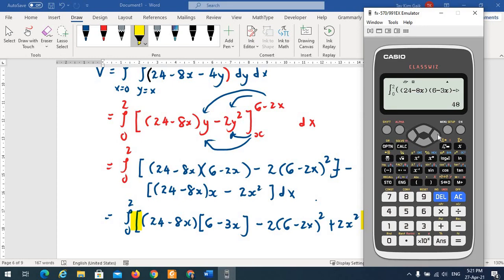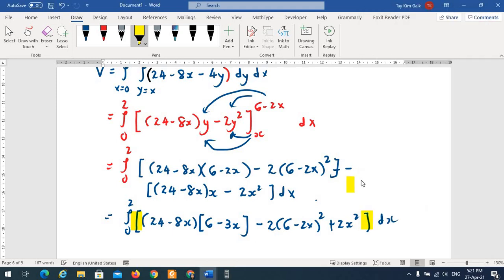I put a bracket, and then 24 minus 8x bracket times bracket 6 minus 3x minus 2 bracket 6 minus 2x squared, okay, plus 2x squared bracket. I key in exactly. Make sure all your brackets are there, open, close. Because I'm not sure, you can try it without the yellow bracket to see if you get the answer.